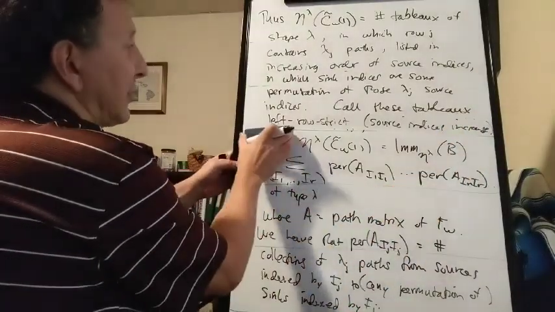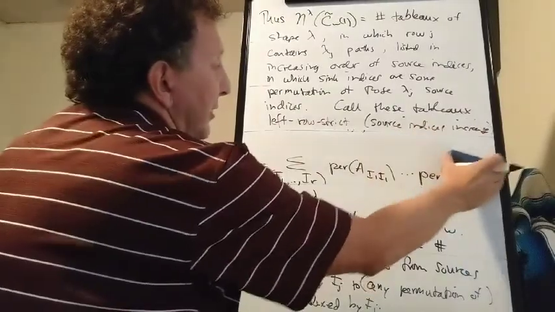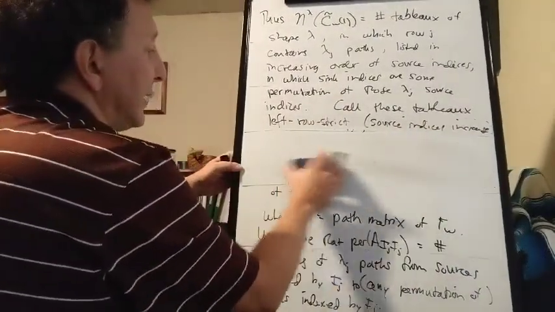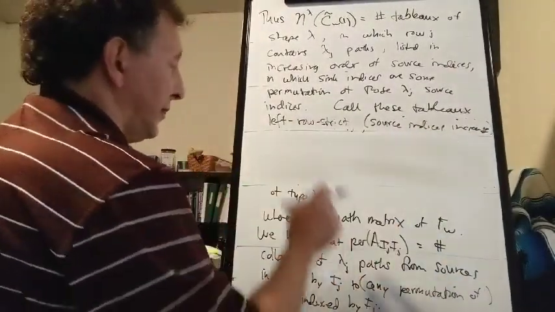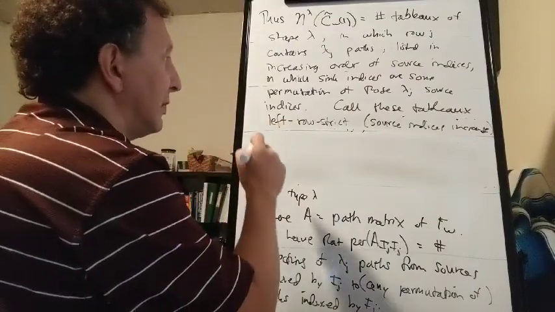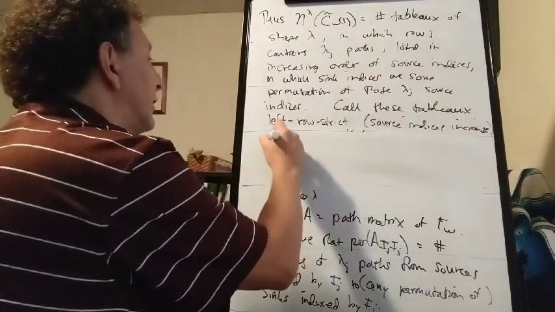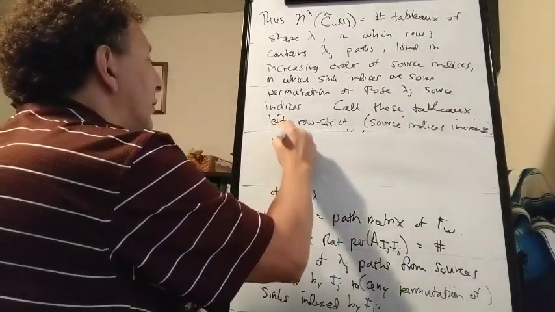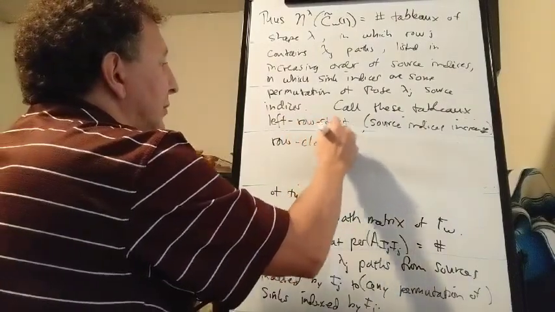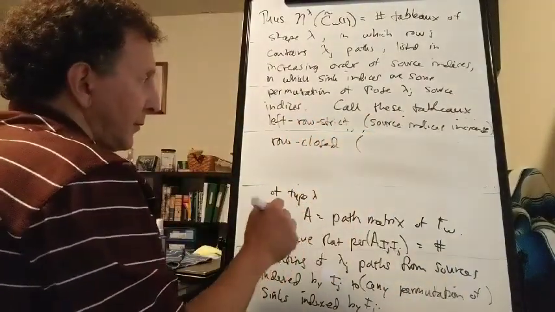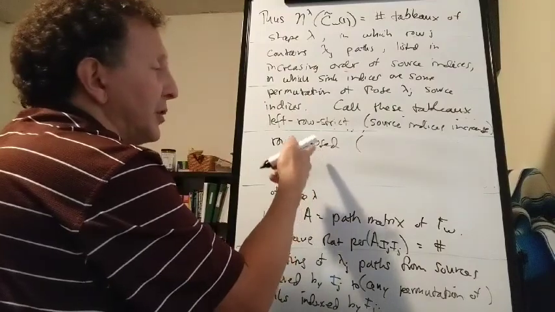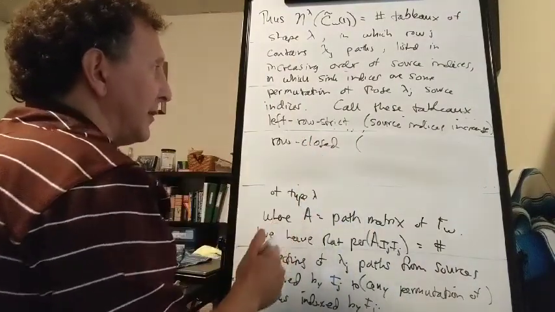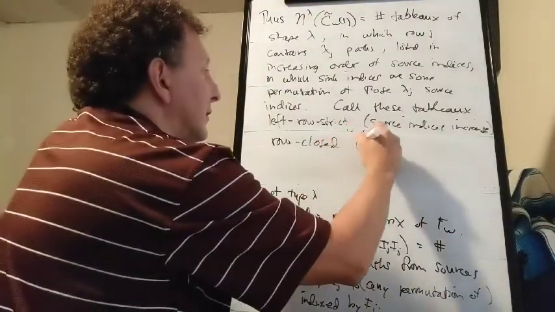And they're not just left row strict. The sink indices are a permutation of the source indices. So we'll call them left row strict, row closed. So if we look at the sink indices, there's no indices there that aren't already there as source indices.